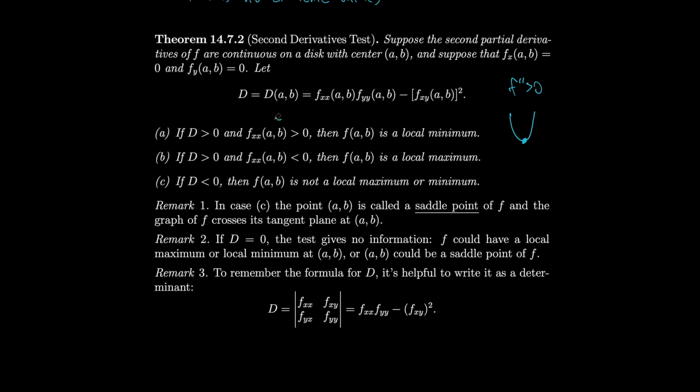We only need to look at one of the second derivatives, because notice we're assuming that D is positive. The only way for D to be positive is if both of these have the same sign.